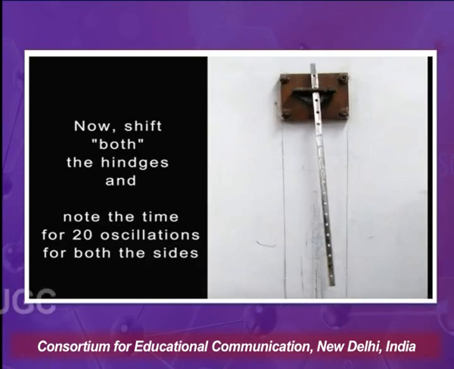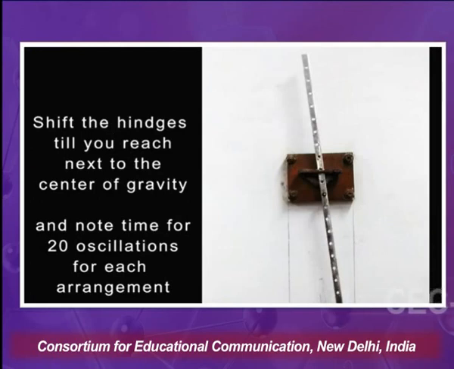Now shift the hinges. You shift from both sides, from the B side also, and note the time for 20 oscillations. So from the top and from the bottom, note the time for 20 oscillations for both sides. First you hang from the first hole and note down the time for 20 oscillations. After that, shift the hinges until you reach the hole next to the center of gravity.